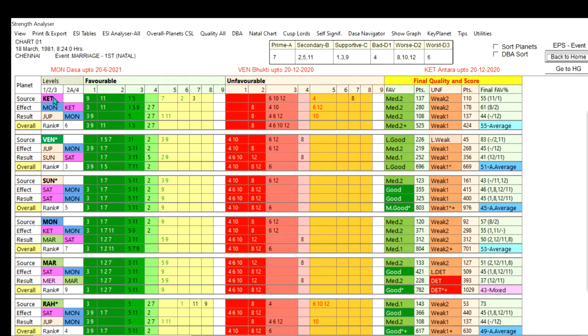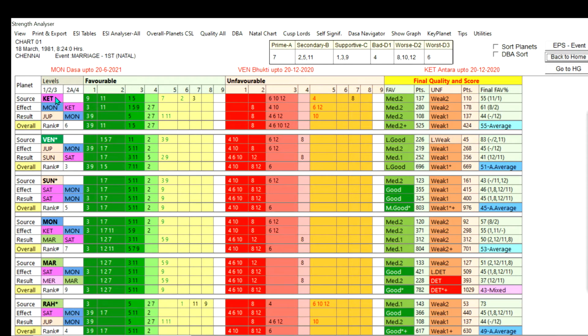That way, planet, StarLord and sublord are shown in one column, and the 2a level and 4th level planets are shown in the other column. Here the planet is considered as the source, the StarLord of the StarLord is considered as the effect, and the sublord and StarLord of the sublord are considered as the result. This is the concept principle of EPS: source, effect and result.